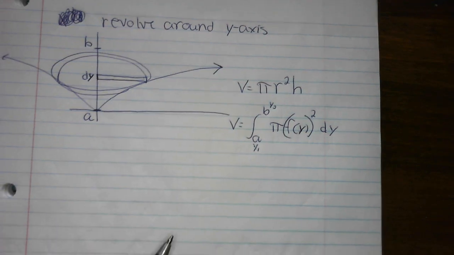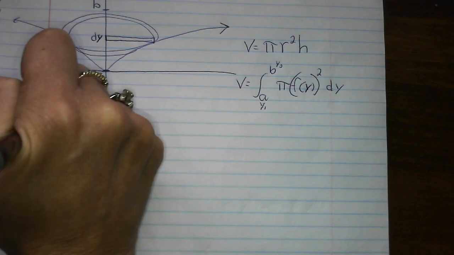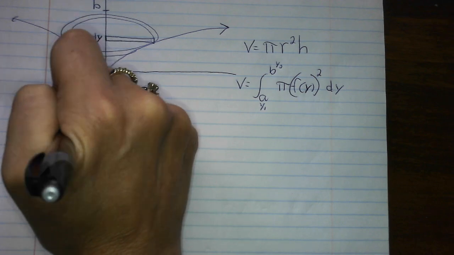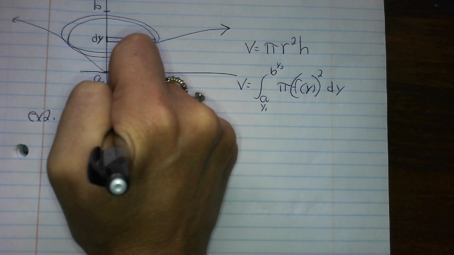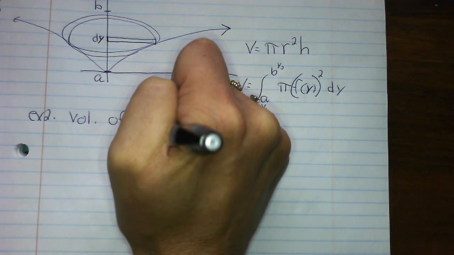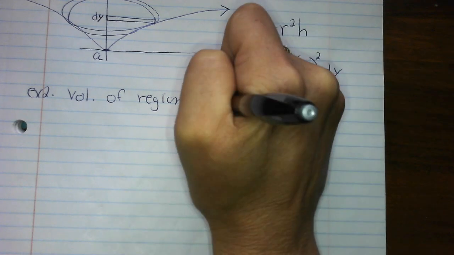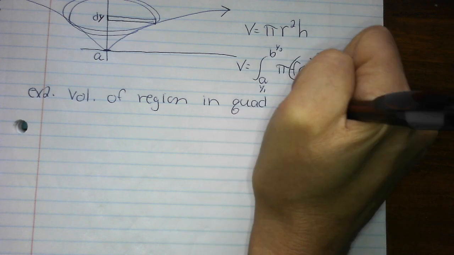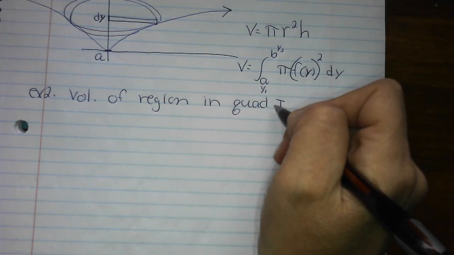So let's see how that changes things. Number 2. Find the volume of the region in quadrant 1. So we are bounded by the x and y axis in quadrant 1.